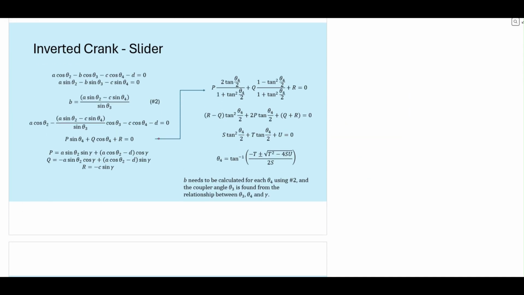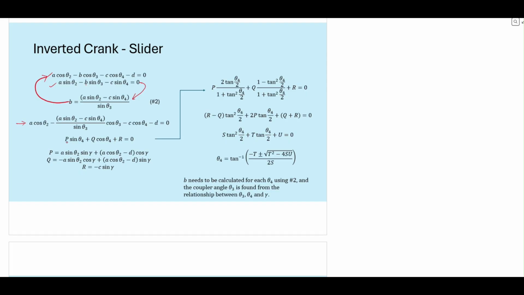So we can go back to the real and imaginary parts of the vector loop and write down these 2 equations. From here, we can use the second equation to get B in terms of theta 2, theta 3, theta 4, and A and C. This can then be substituted here to obtain this big equation.